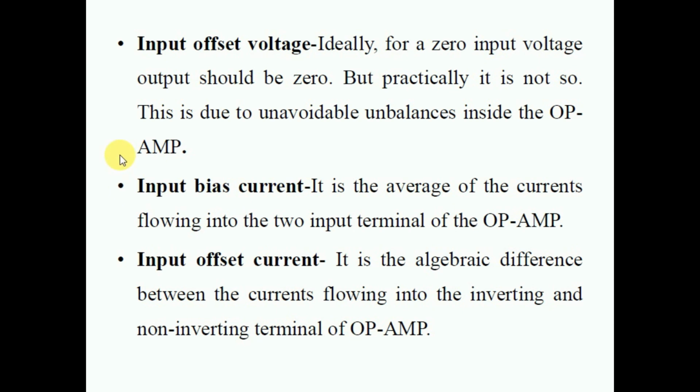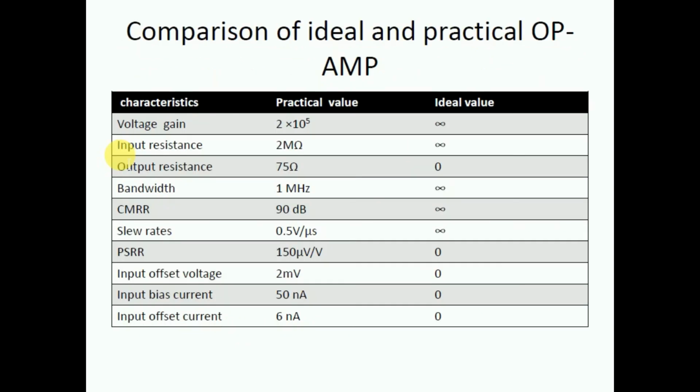So let's compare these two op amps, the ideal and the practical. With both op amps, we can get an idea of how the ideal and practical op amps work, and what kind of practical values are achieved at the practical operational amplifier versus the ideal one.